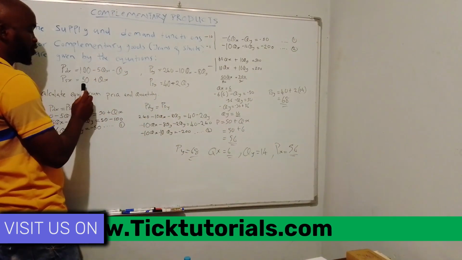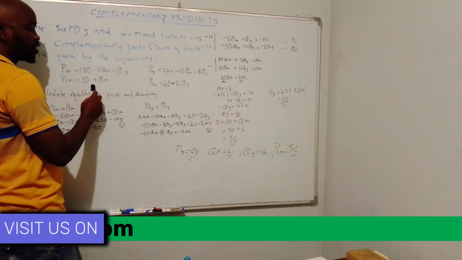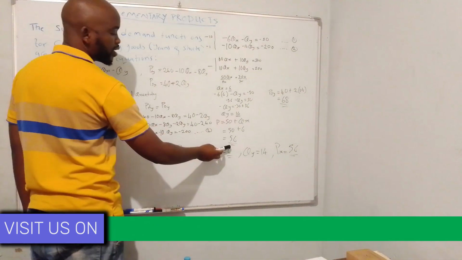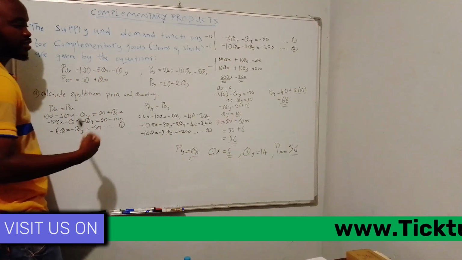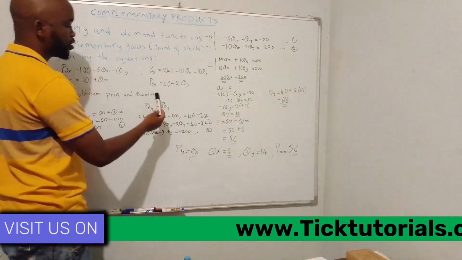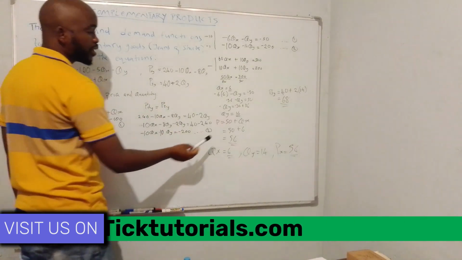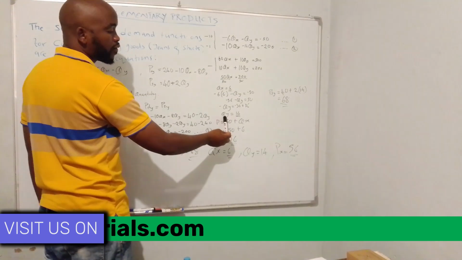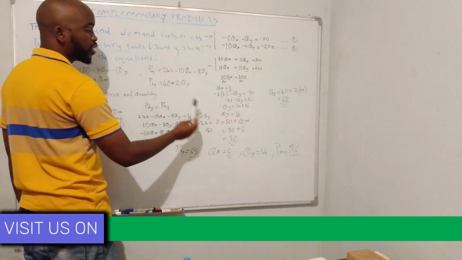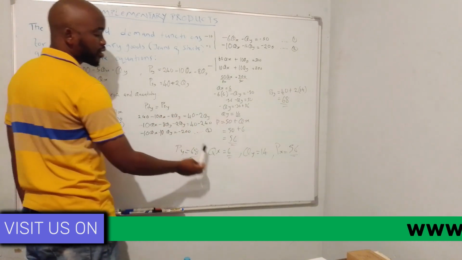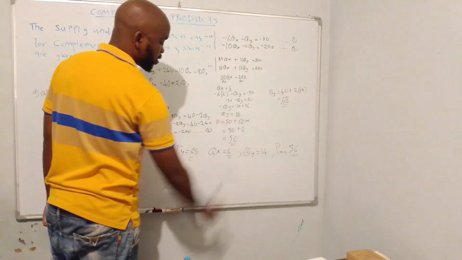This gave me 50 plus qx, which was 50 plus 6, and I ended up with 56. And to calculate the value of py, I took the supply function for py and plugged in the value for qy. So it gave me 40 plus 2qy, so 40 plus 28, and that gave me 68.